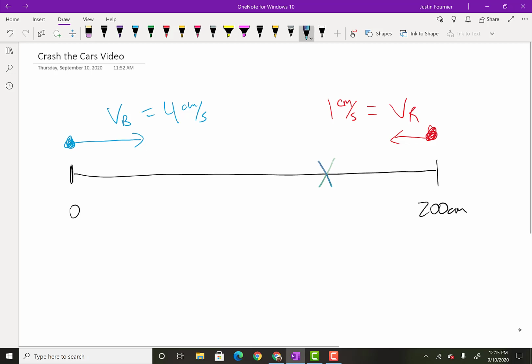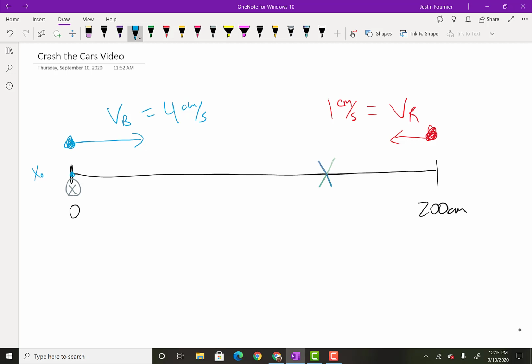Okay. So you want to establish an origin. An often good place to put an origin is at the 0 mark here. So that's my origin right there, and that's where I'm going to make measurements from. I'll say the initial position of the blue car is right there at that dot.